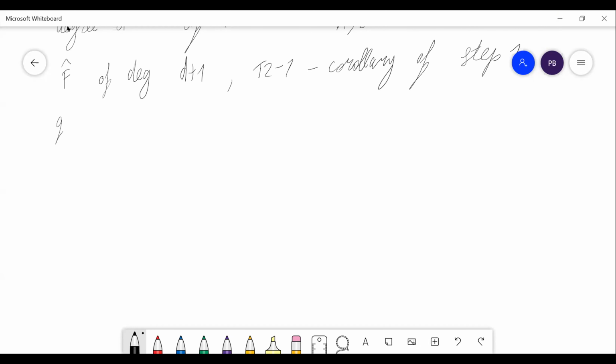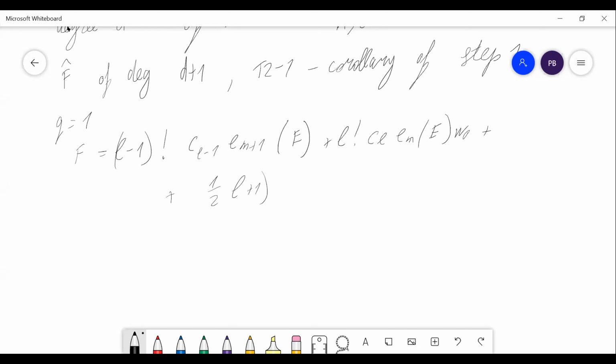And supposing that q equals 1, we can write f equals minus 1, and so forth.